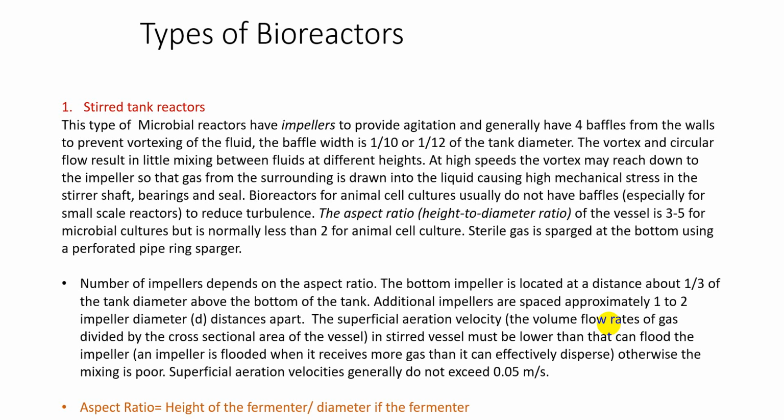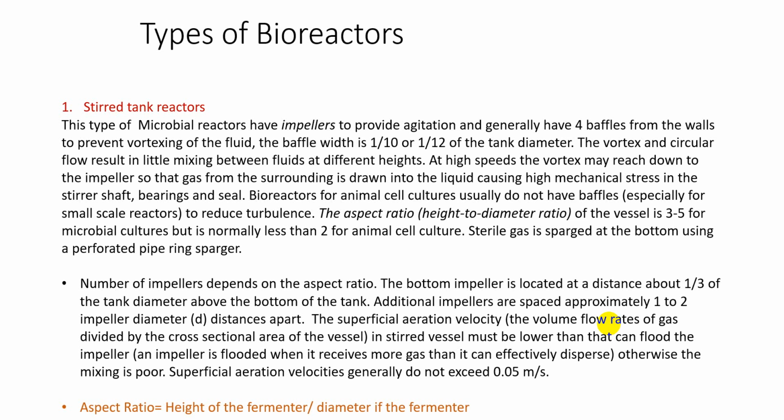Height to diameter ratio is less in case of animal cell culture. That means that the height is less than the diameter in case of animal cell culture. Means height is very less as compared to the bioreactors which are used for microbial cultures.